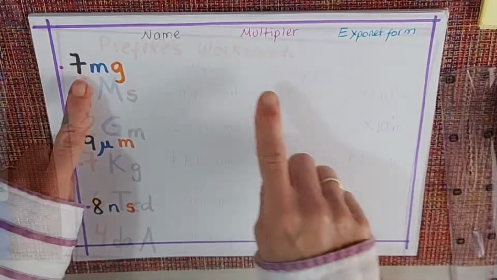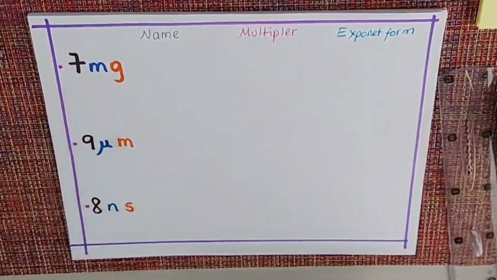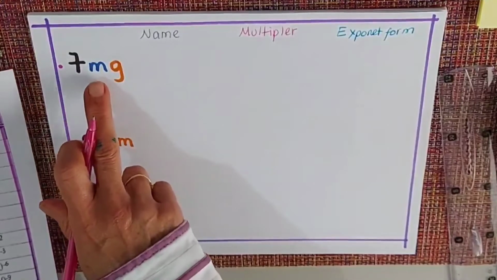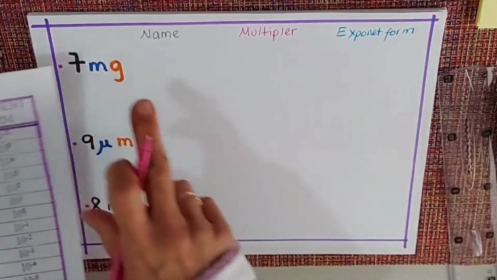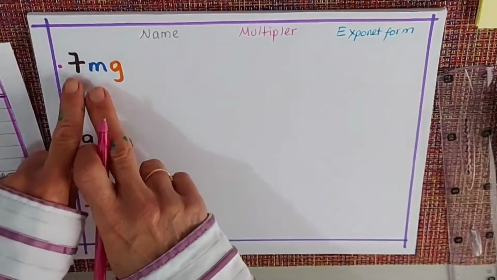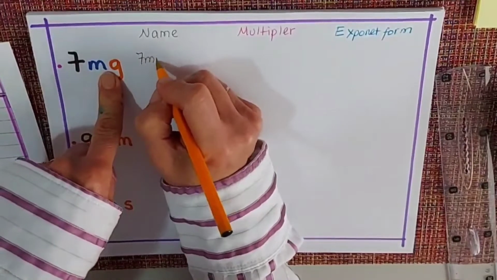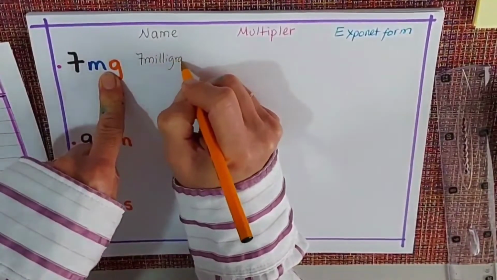Okay? Now we are going to continue with this other exercise about the prefixes. Here we can see the small m. The small m for the prefix is milli. Now, we have here 7 milligrams.